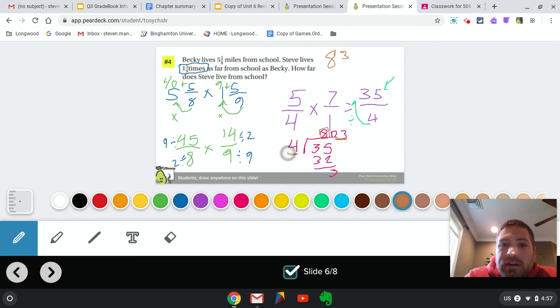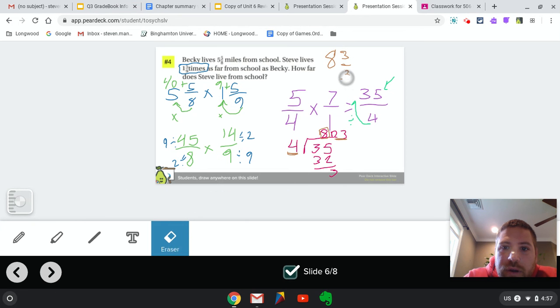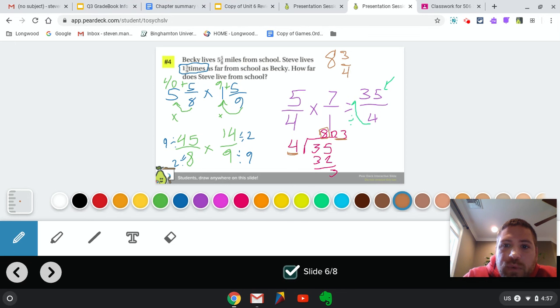And our divisor, that's our denominator. And remember, we're talking about a word problem here. We're seeing how far away, and we can label that. Oh, I made a mistake here. Sorry, I put the wrong number here. My divisor is 4, not 3. So we have 8 and 3/4, and that's miles, right? We're 8 and 3/4 miles away from school. That's how far he lives.